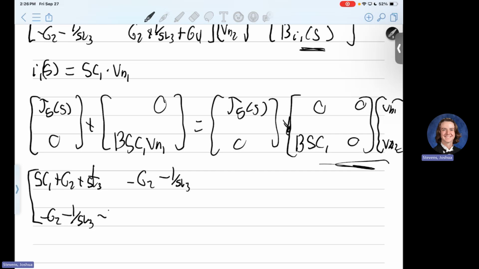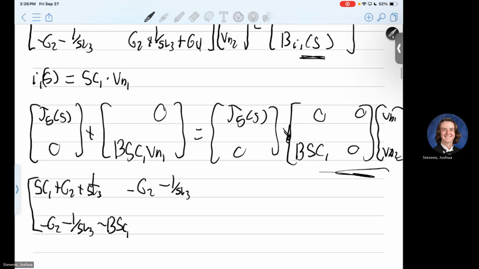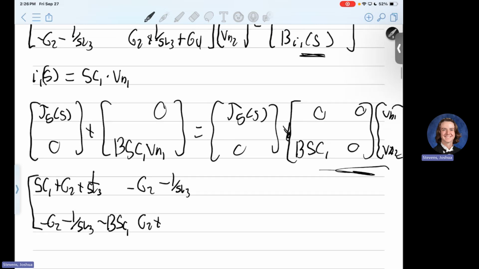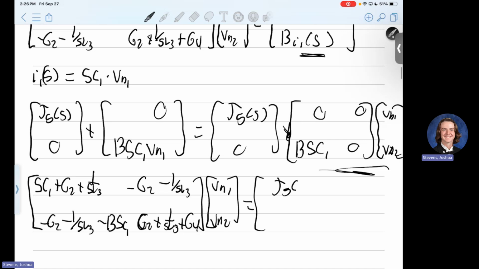This becomes minus beta SC1. This becomes G2, 1 over SL3 plus G4. Vn1, Vn2 equals Jg of S. Are we in agreement? Great.